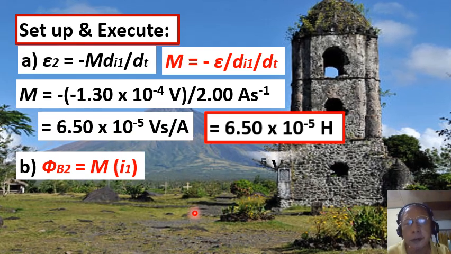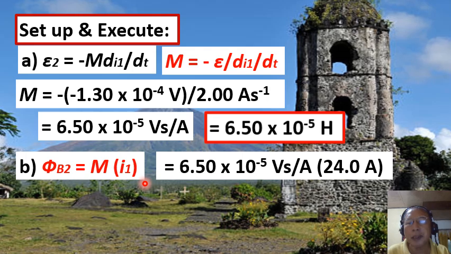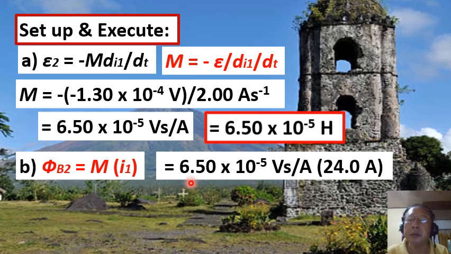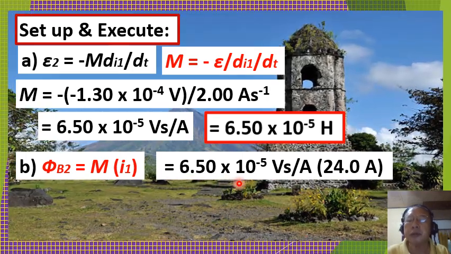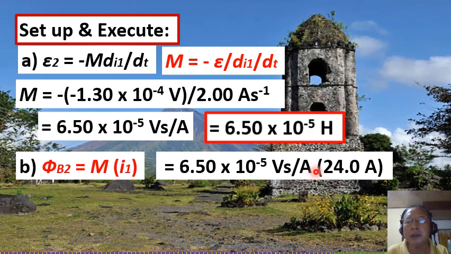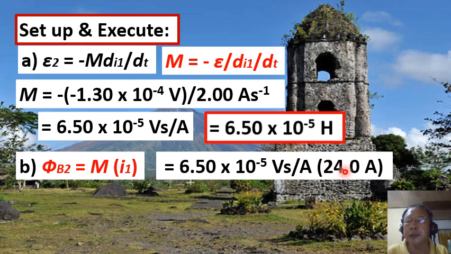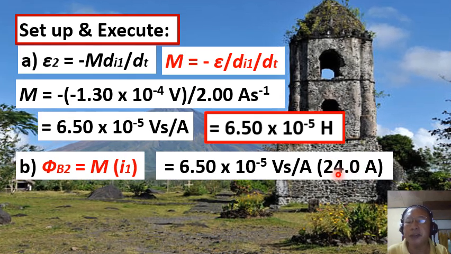So substituting, we get the computed M equal to 6.50 × 10^-5 volt second per ampere times small letter I1, which is 24.0 amperes.